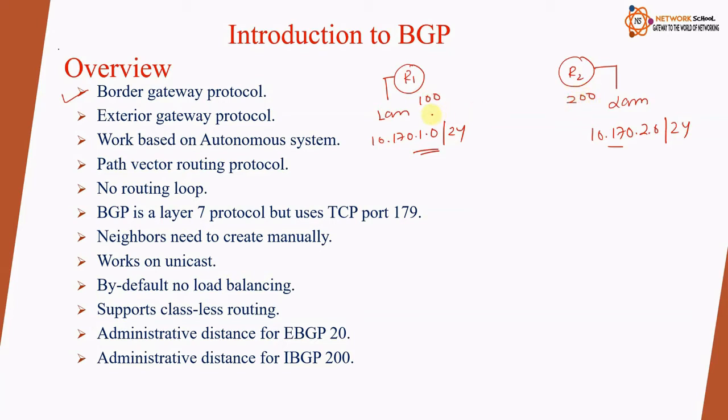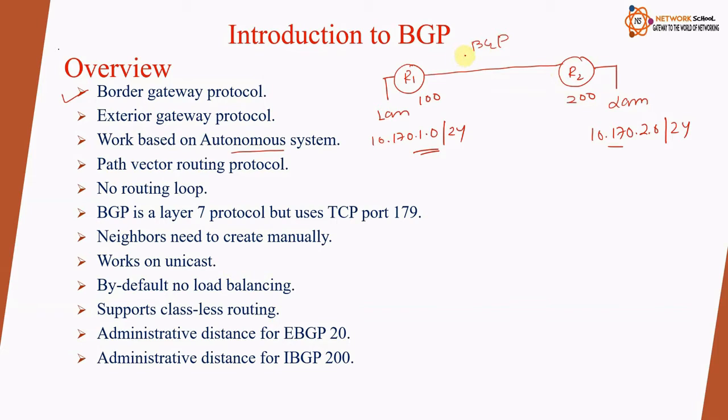So guys, I will be discussing more about the autonomous system when I come to my point number 3. For the time being, router 1 is 100 and router 2 is 200. Whenever we establish communication between two different autonomous systems, we need a protocol in between, which is known as BGP, and this connection is known as eBGP, external Border Gateway Protocol.